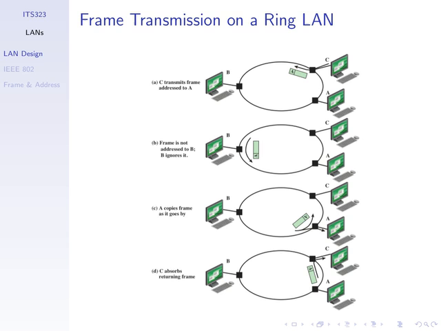Not so much in LANs, but in citywide networks, or even between cities, ring networks are often used, not because if we cut it, it fails, but because if this link fails, we can quickly identify where the failure is in the network.